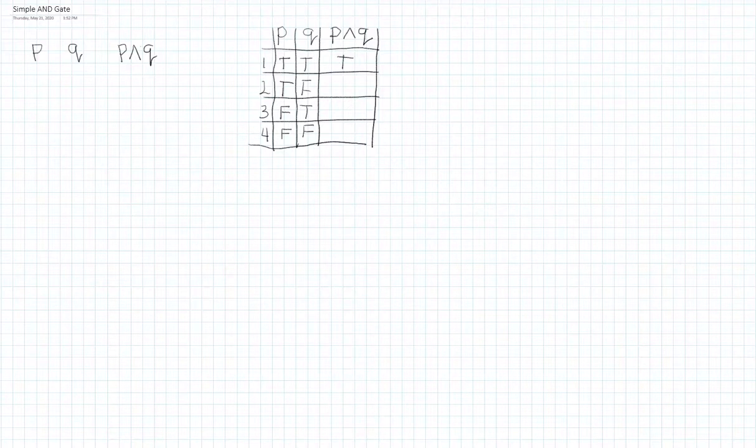So that's true for case 1, but there's no other case. This is one of the simplest truth tables you can come up with.